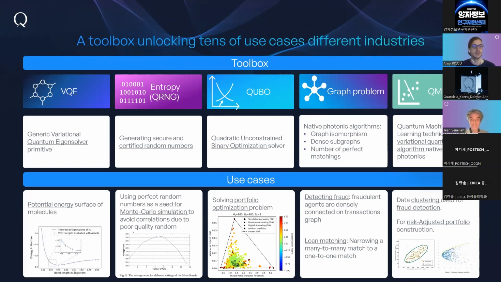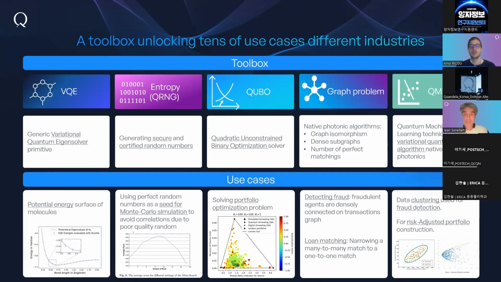For instance, with VQE, you can find the lowest energy of a molecule, but you can also solve optimization problems, and this applies to quantum chemistry, to combinatorial problems like in logistics and so on. For entropy, for generation of random numbers, you can use it for encryption of data, you can use it for Monte Carlo simulation, and that's just a few ideas. You can have many, many more applications for this one.